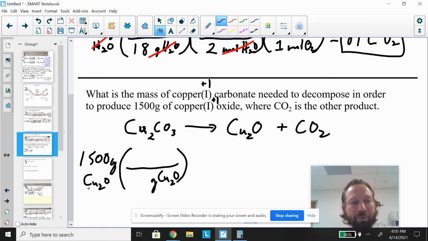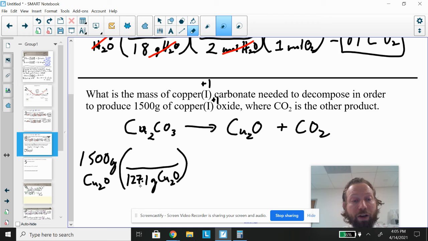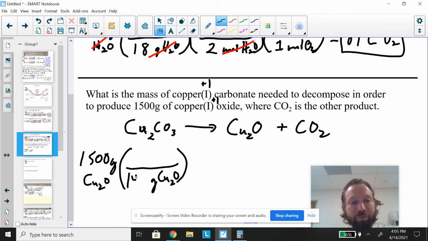So 2 coppers, 63.55 times 2 is 127.1 grams, with an oxygen there with 16. So that's going to be 143.1.